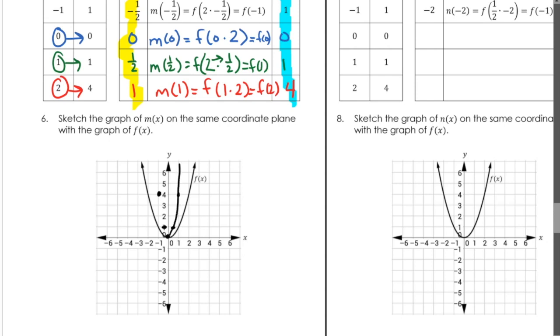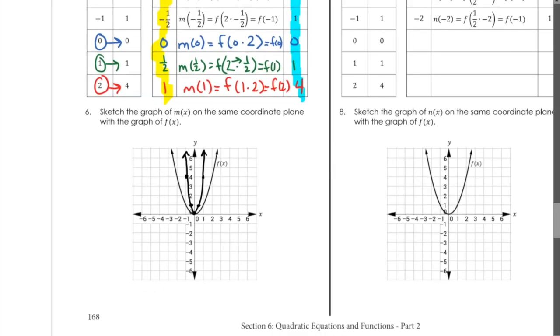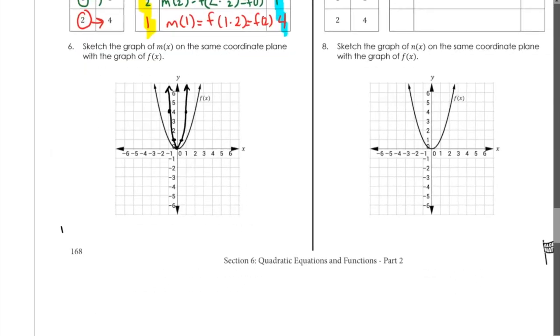Okay, draw your line. And as you can tell, the graph got skinnier. Okay, got super skinny. So when you multiply the independent variable, what happens to my graph?